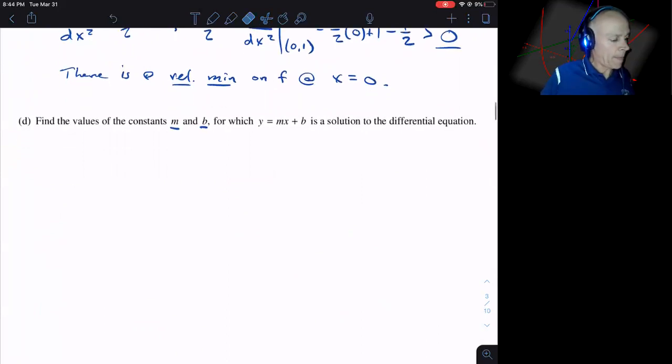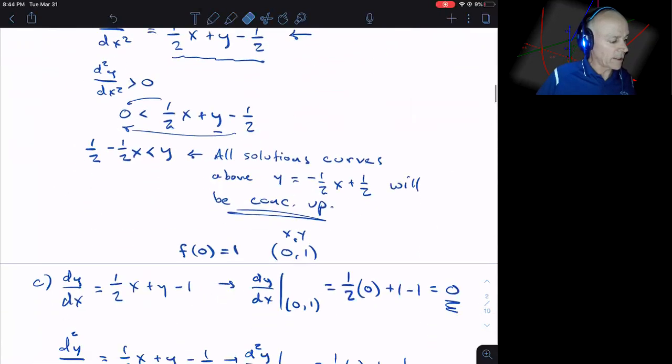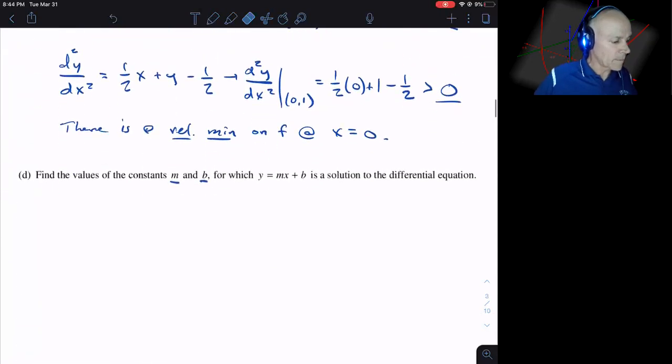All right. Well, one way I might have looked at this is to go back up to the differential equation, find the particular solution, and force it to match this linear equation that I'm given here. That's got to be some kind of linear equation, and I just have to find the value for m, the slope, and b, the y-intercept.